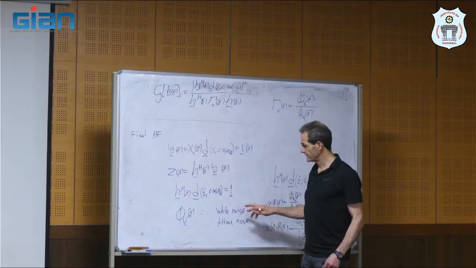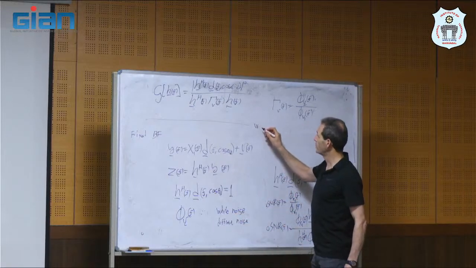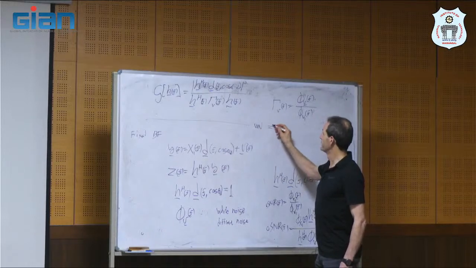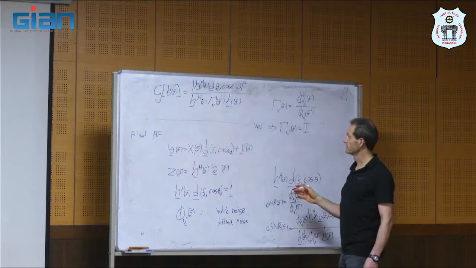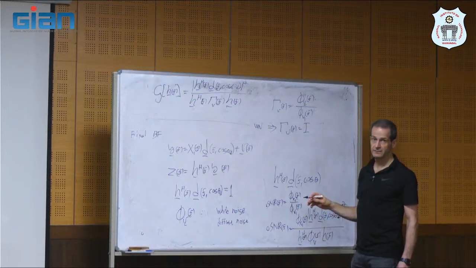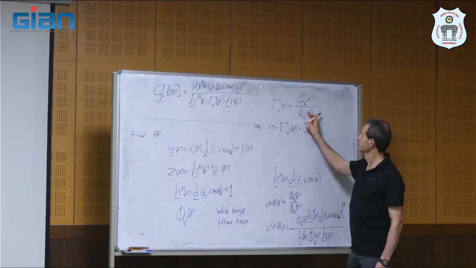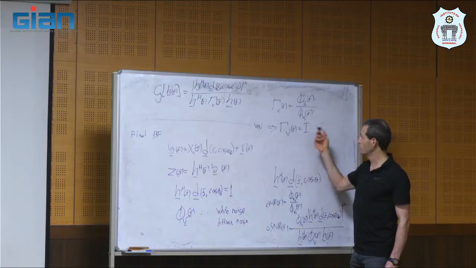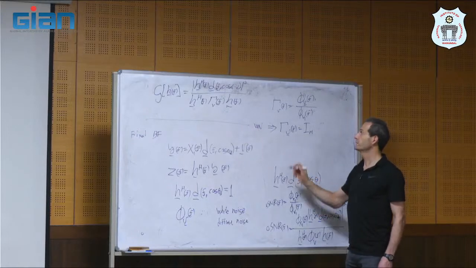So for white noise, it means that gamma V is the identity matrix. What is the size of the identity matrix? M by M, okay? Because we have M sensors. This is for white noise.